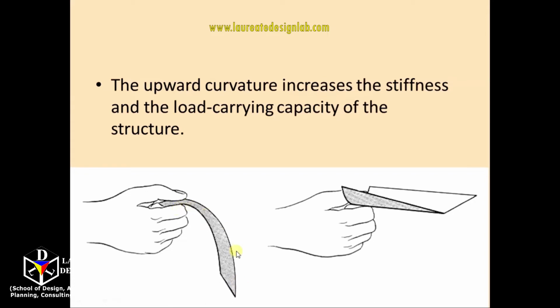But if you hold like this, if you are making curvature upward, it will remain like this, and you can even put a little bit of weight onto it, it can handle it. So the upward curvature increases the stiffness and the load carrying capacity of the structure.